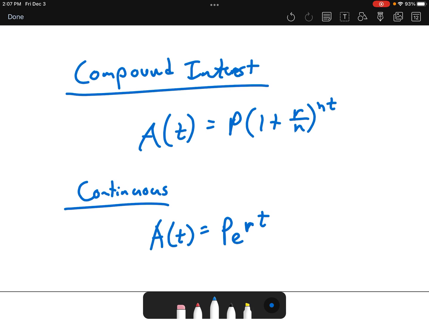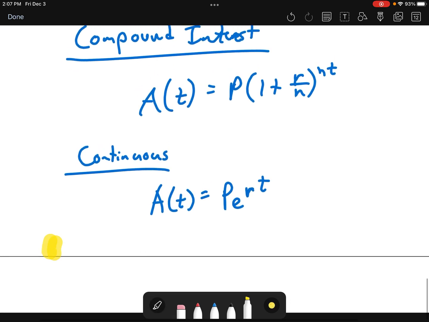So on your assignment, while I'm thinking about it, make sure that you look closely at number 4.